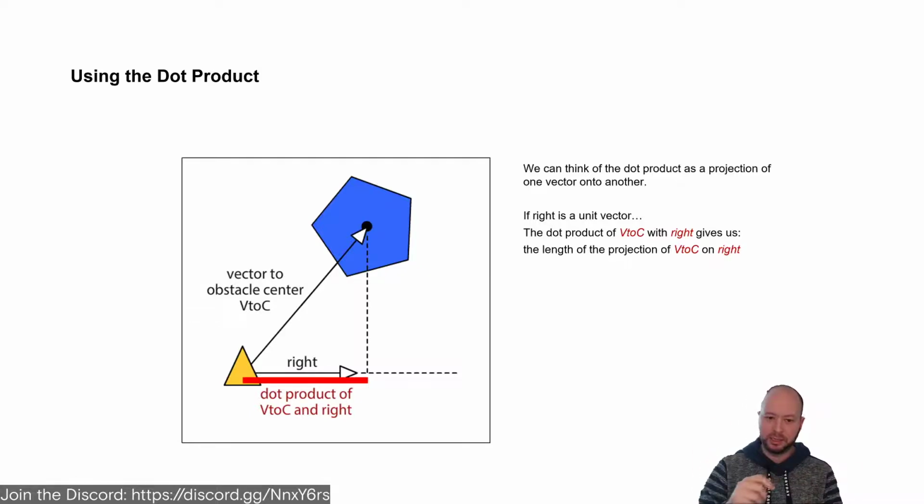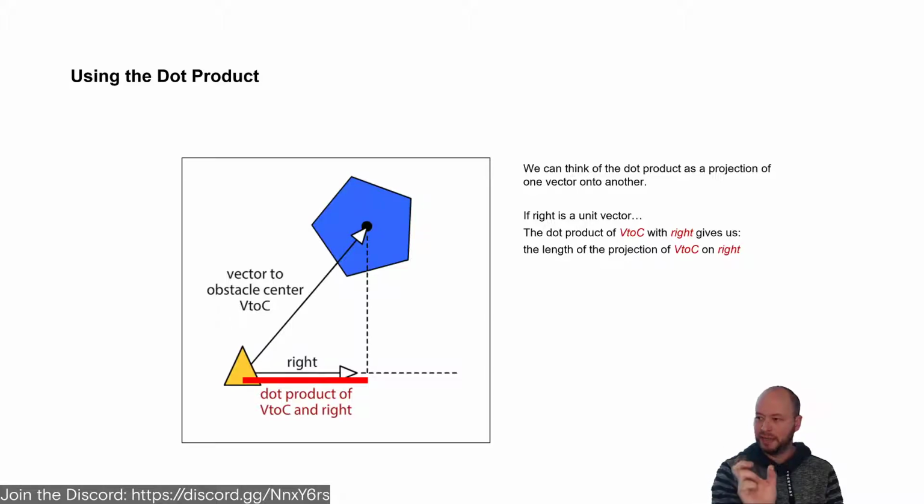If you think about the angle between V2C and the right, there's an angle there, and the dot product is going to be equal to the magnitude of the right vector and the magnitude of the V2C vector times the cosine of theta, right? We know that. But cosine of theta in this case is the bottom part of the triangle divided by the hypotenuse, by the magnitude of V2C.